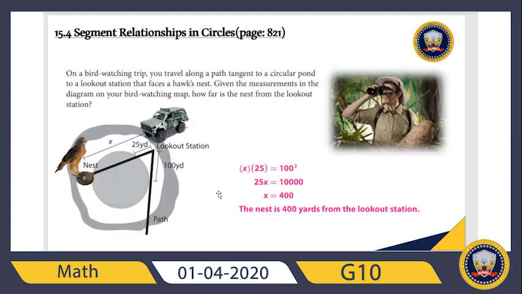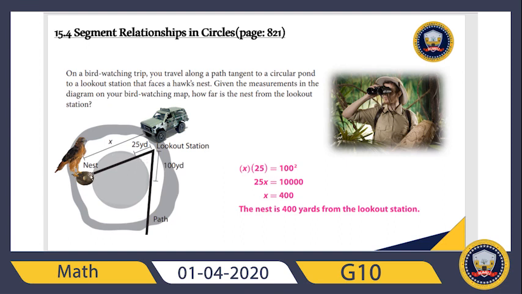Final example. Suppose you are on a trip in the woods. You moved along this path 100 yards, and you are now standing here to observe the nest of a hawk, which is x distance far from you. Okay, this is a circle.